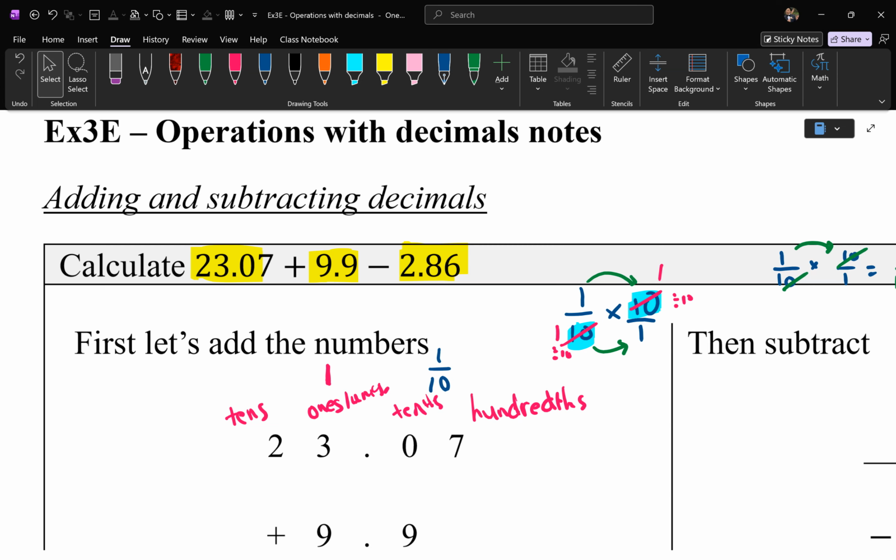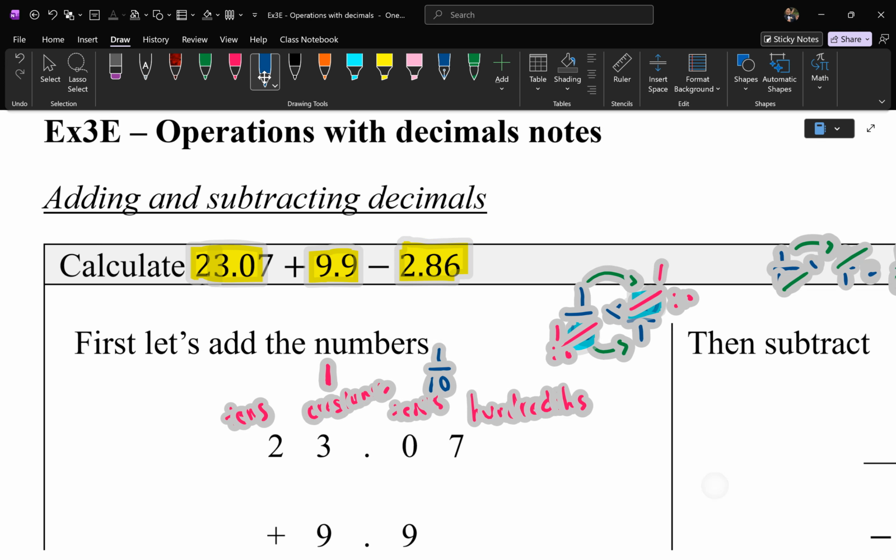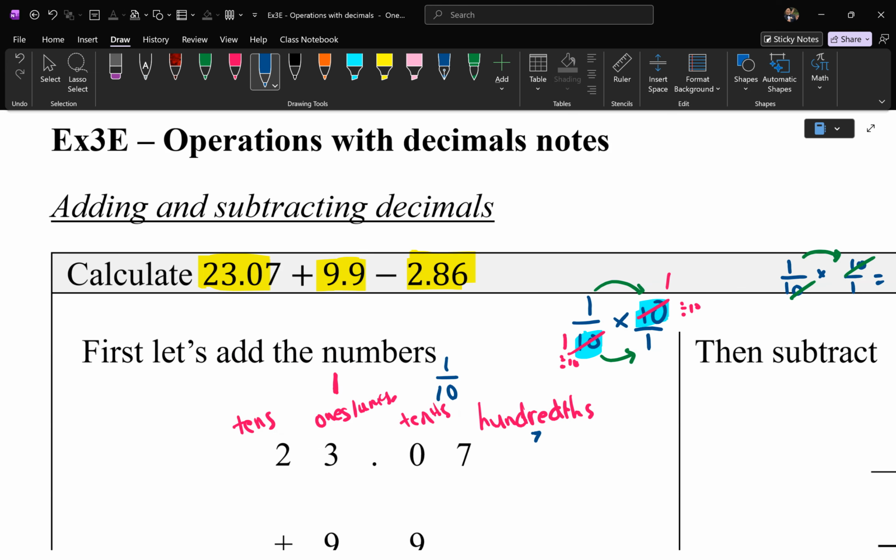Okay, so what I want you to write as part of your notes here, can you please write, when you say 7, it's not just 7 hundredths, it's actually, write this bit down, 7 over 100. This is going to be useful for later on when I teach you why multiplying and dividing works the way it does. I need you to understand that when you write 1 here, it's 1/10. When you write 7 here, it means 7 out of 100.